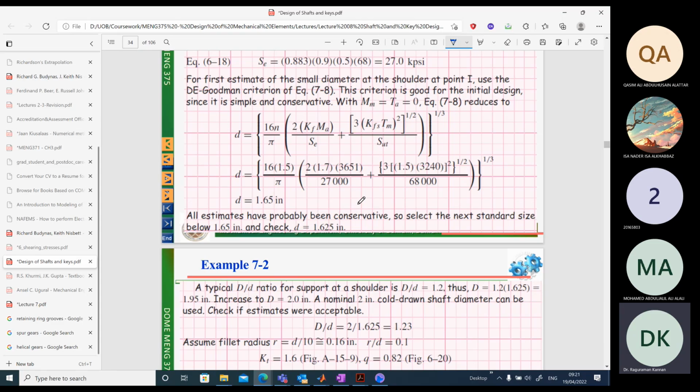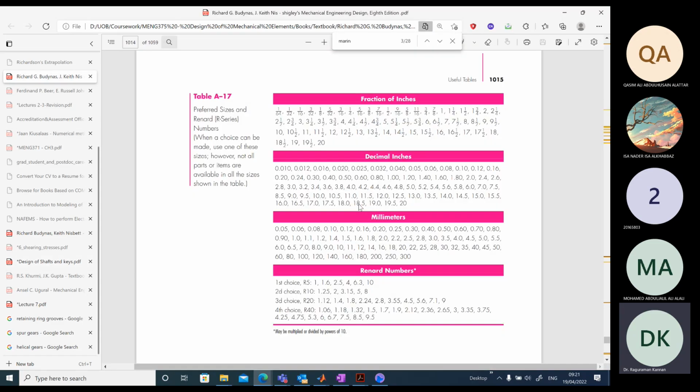We have 1.65 inches. Let's see if we have the standard size 1.65. This is in inches. We don't have the standard size here. Let's see. Again, we don't have it here.